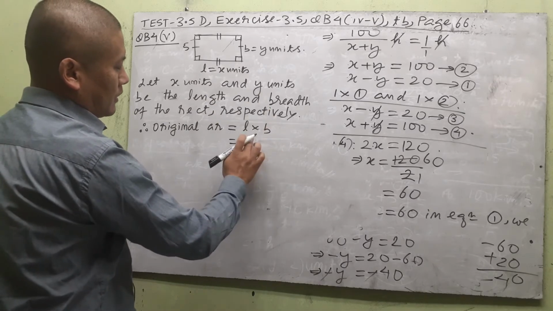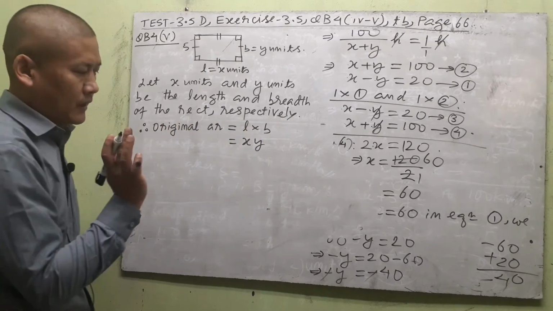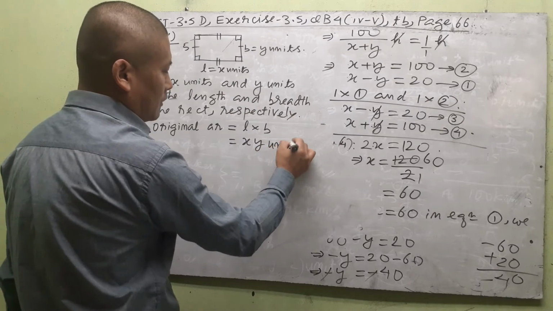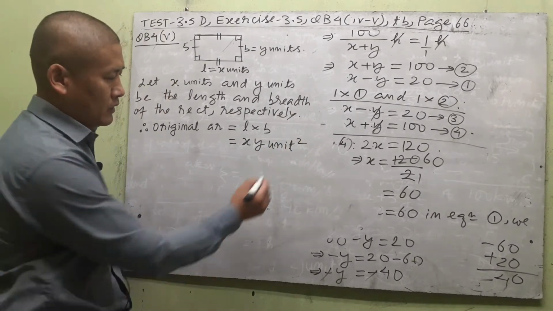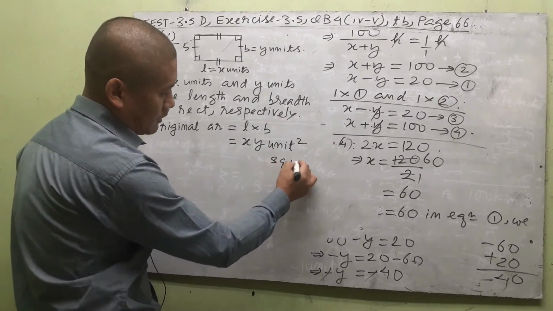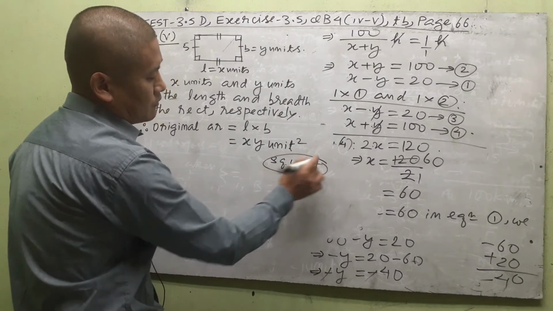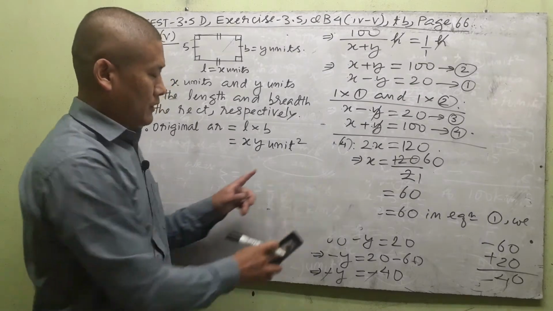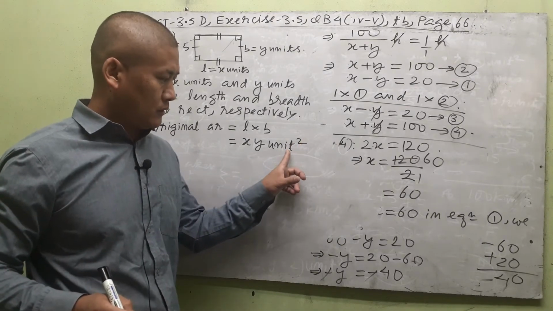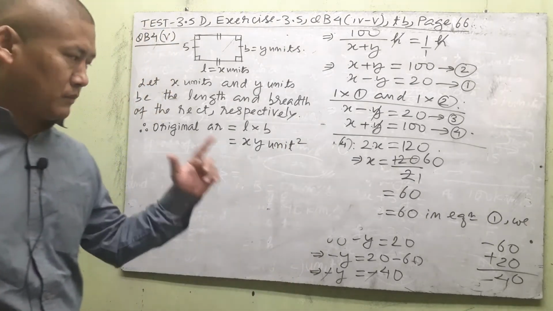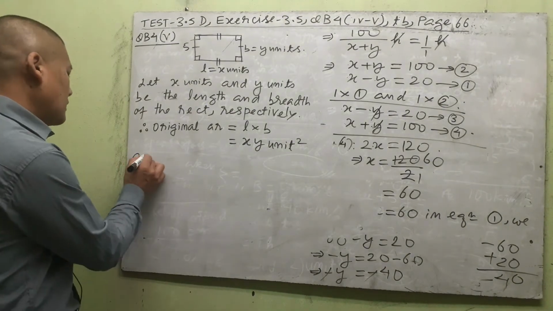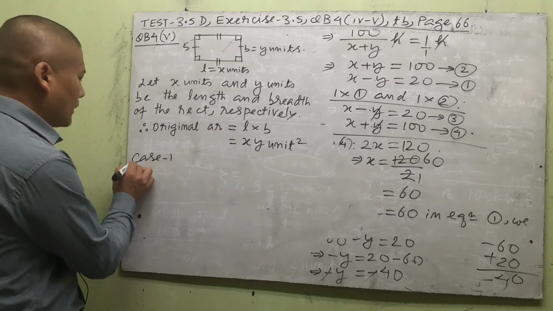So x into y, we can simply write xy, and unit into unit is unit square or square unit. These two have the same meaning. Area is always having square. If centimeter, centimeter square. If unit, unit square. If meter, meter square. Always two-dimensional.